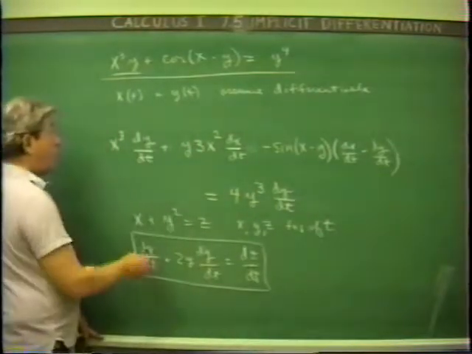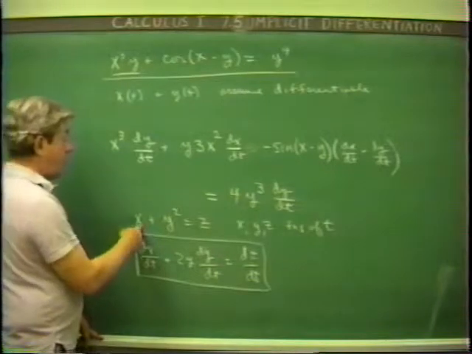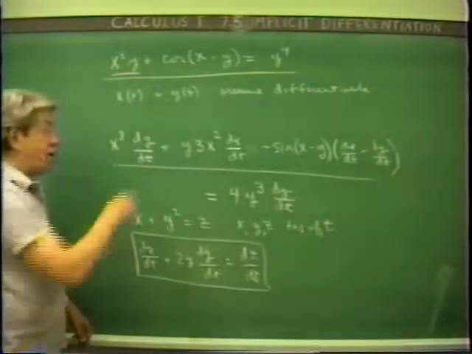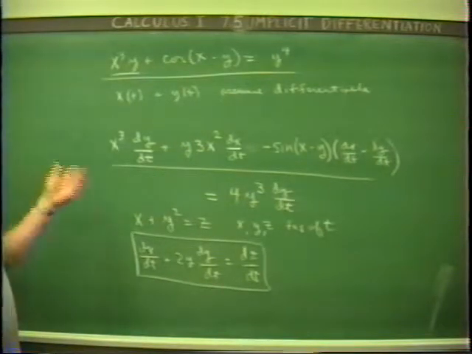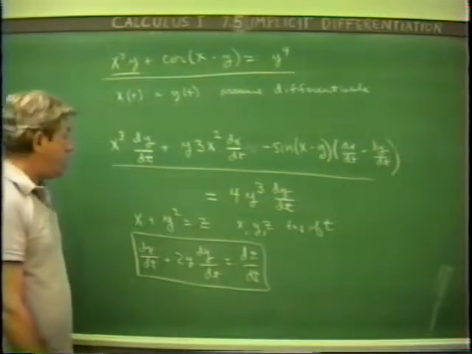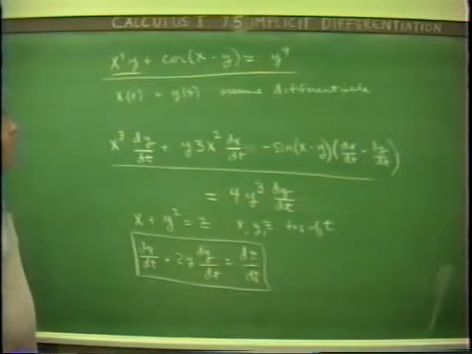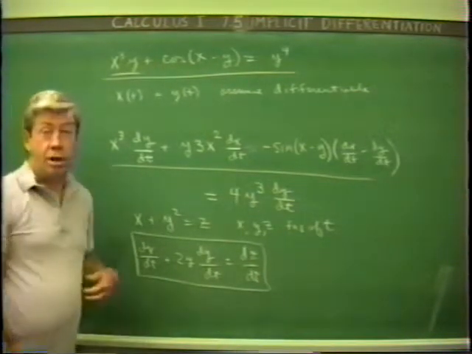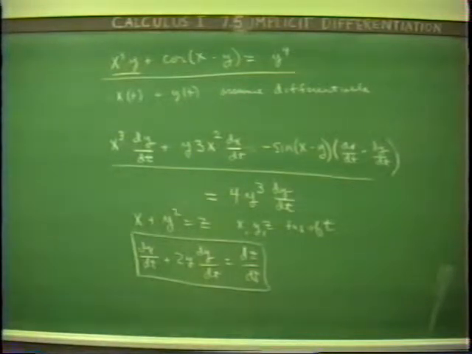And we would then have an equation as a result that relates the functions x, y, z, and their derivatives. Likewise, here the functions x and y and their derivatives. This is also called implicit differentiation. Right? And it has applications which we will be looking at very shortly.